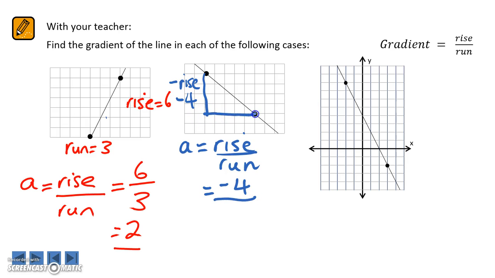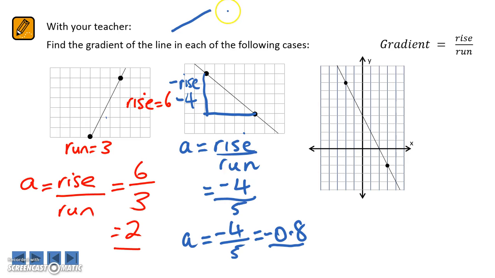And if we have a look at our run, it's equal to 5. So we can write our gradient as -4/5, or you could turn that into a decimal by dividing the top divided by the bottom. We'll put that as -0.8.